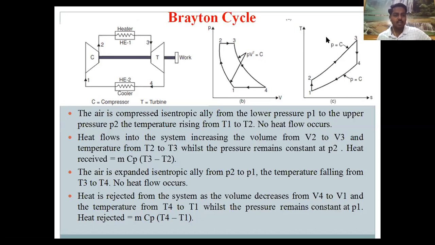That is our isobaric process. The heat received is nothing but m Cp, specific heat at constant pressure, into delta T, delta T being T3 minus T2. T3 is the highest temperature in our Brayton cycle.